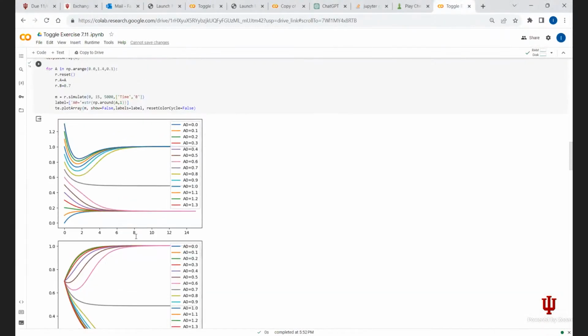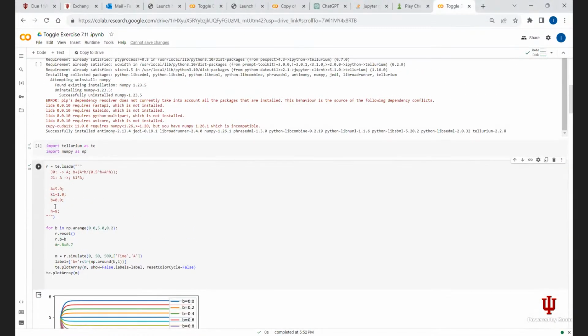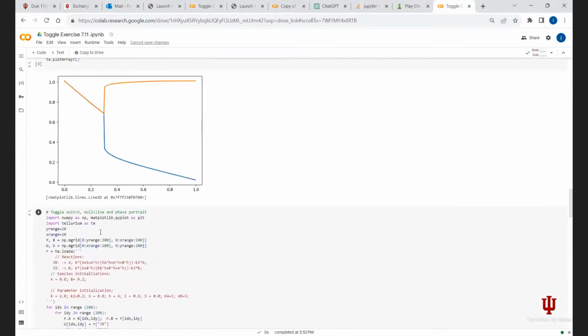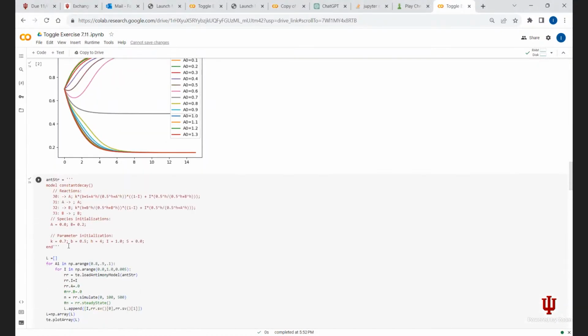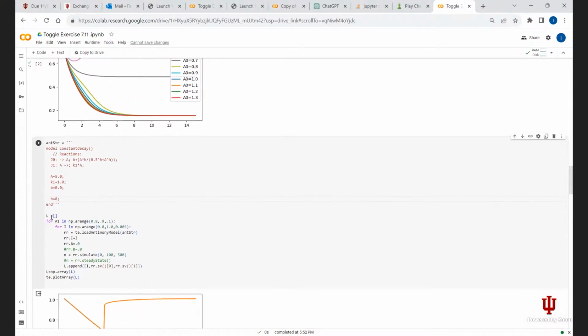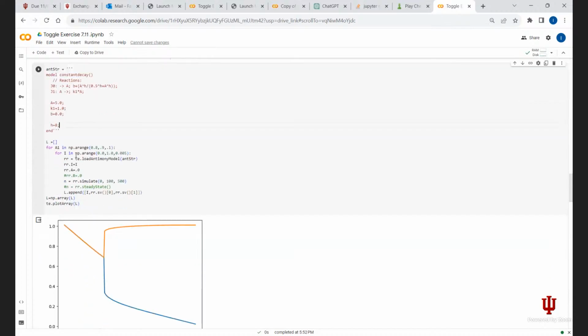Let's just change this to what we had here.